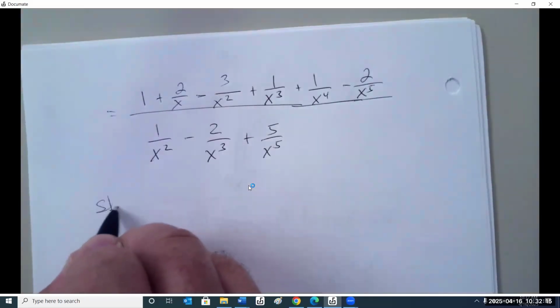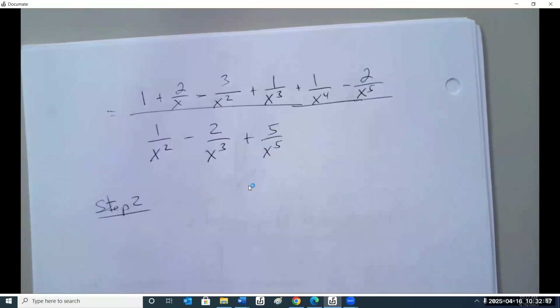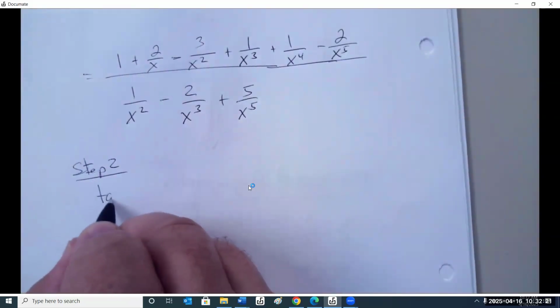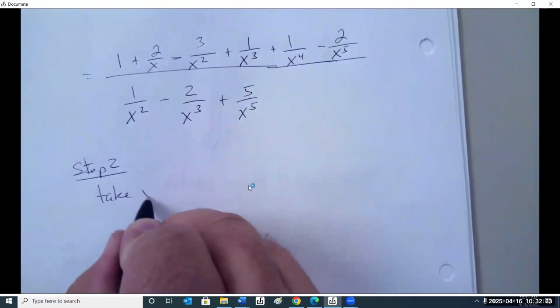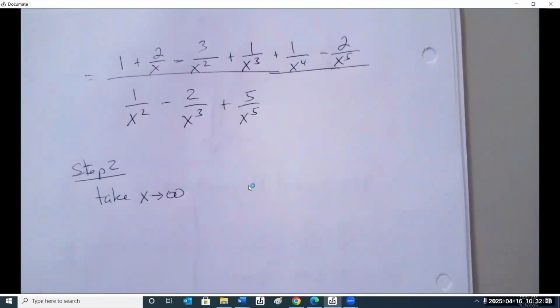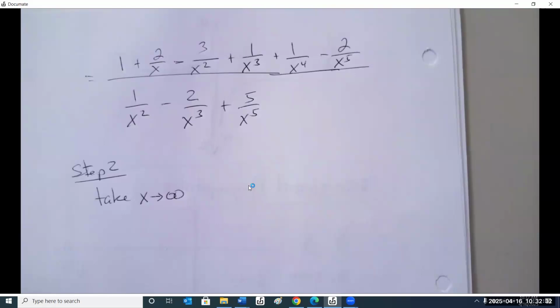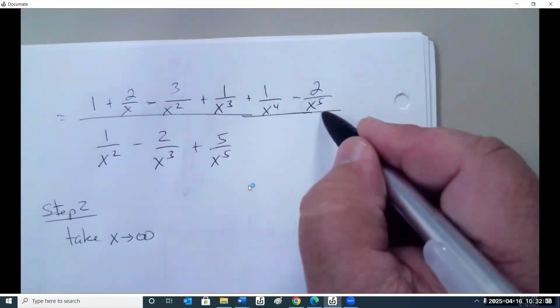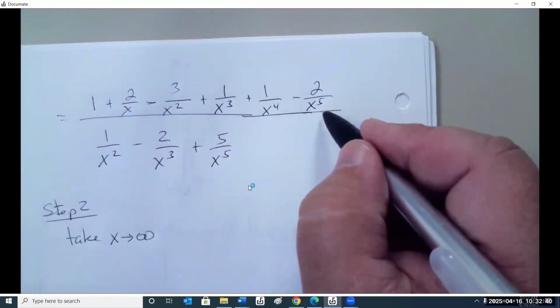Step 2, take x going to infinity. So what happens? 2 over x to the fifth. What happens to that number?